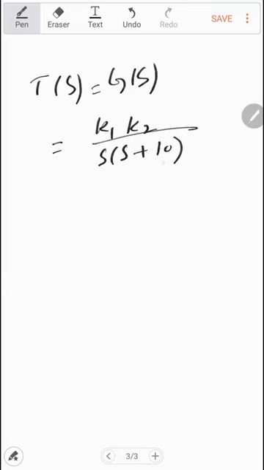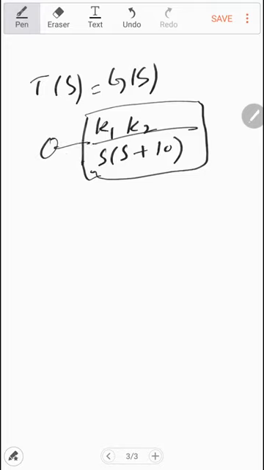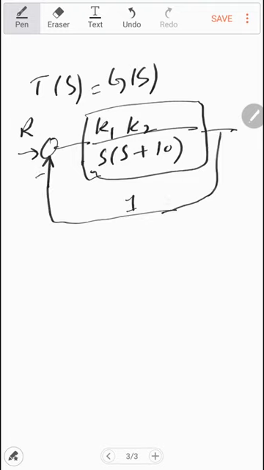This is G. This is the input function, this is the negative feedback system, and we say that this is a unit feedback system, and at the output we have the control signal.